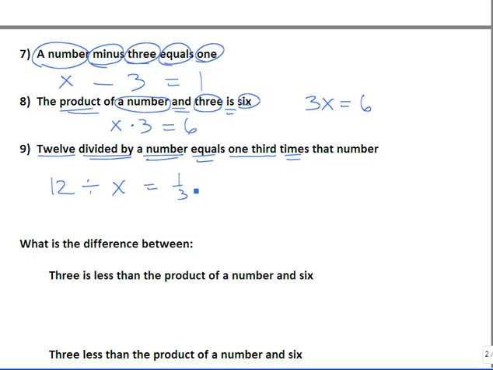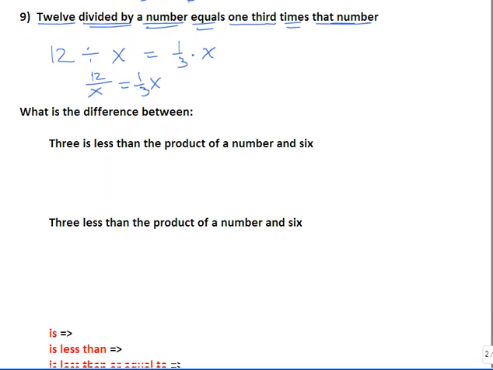Times becomes multiplication, and that number is our x again. So we get 12 divided by x equals 1/3 times x. That's a totally acceptable answer. As an alternative, remember division could also be thought of as a fraction, so you could see this left-hand side also written as 12 over x equals 1/3 x. Both answers are correct.